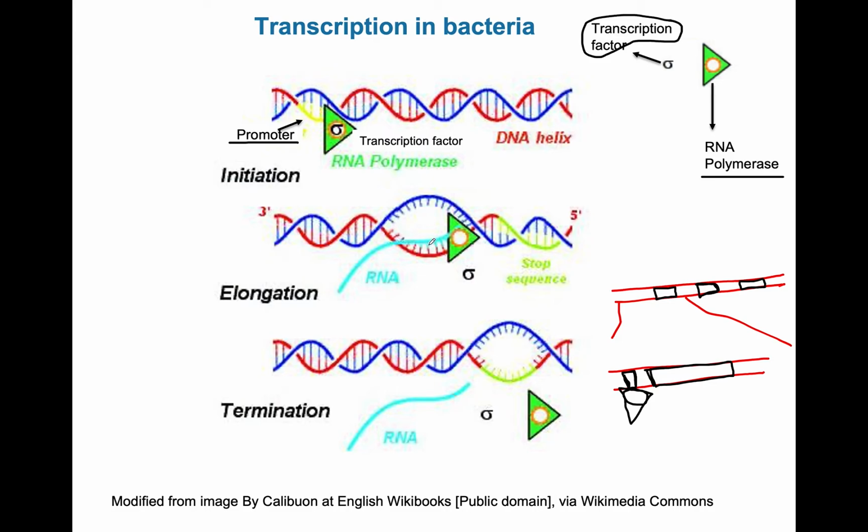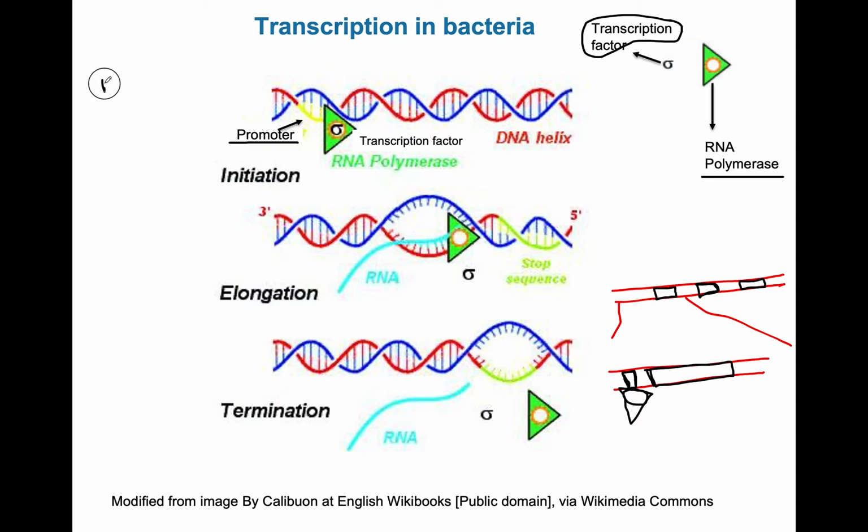It's based on the ability of nucleotides to complement each other with respect to the bases that we have. So hydrogen bonding between bases is the basis of copying the DNA.